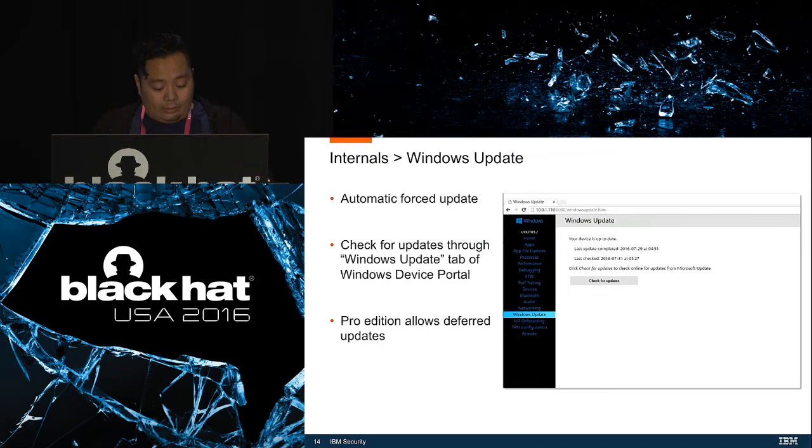But if you want to schedule updates or disable it, there's a Pro Edition of Windows 10 IoT Core, but I think you need a license for that, and that enables you to have deferred updates. And you can check for the updates using the Windows Device Portal that I'm going to discuss later on. Here's the screenshot for the update page.